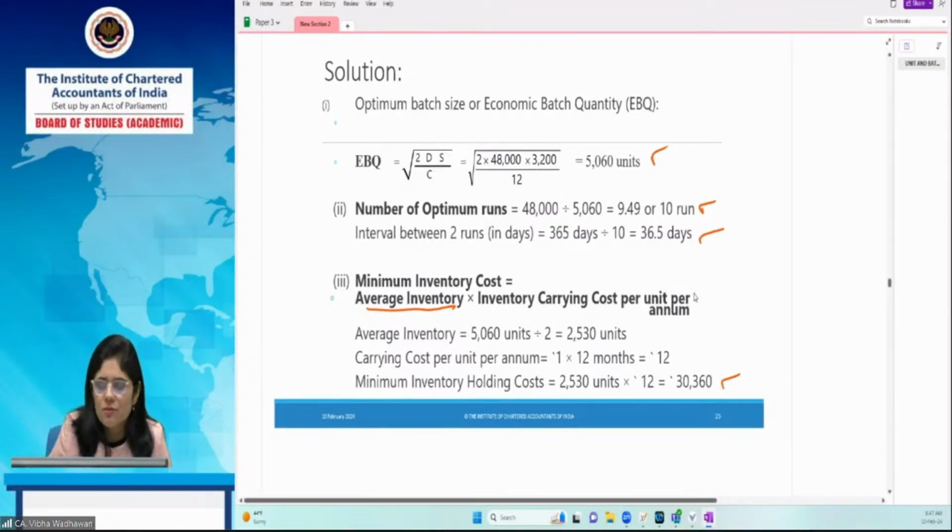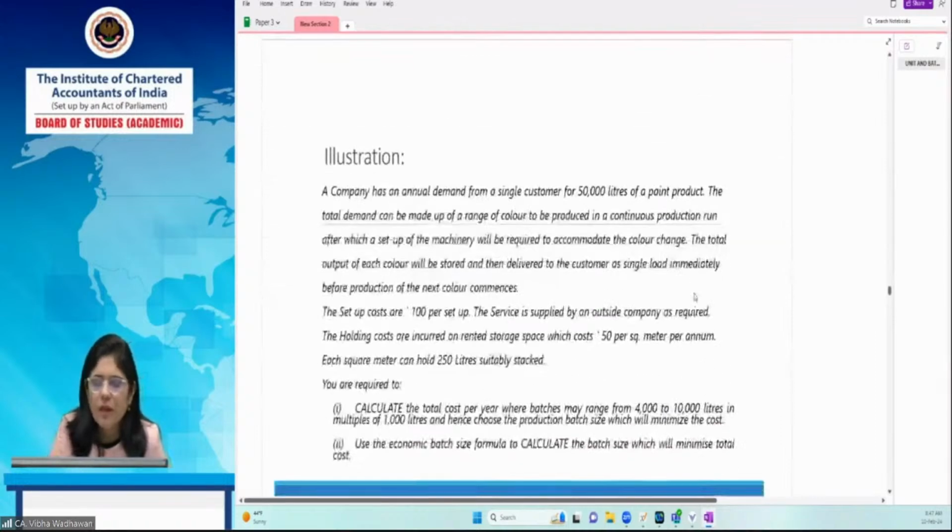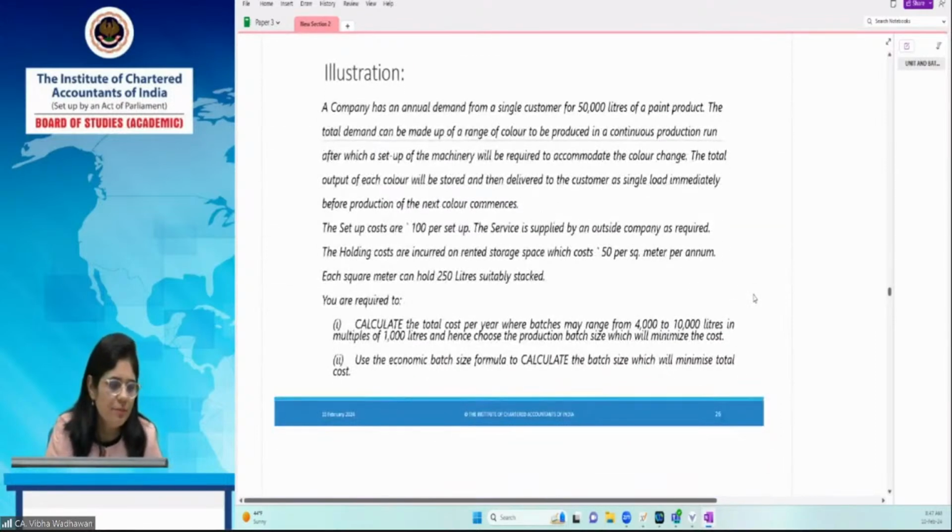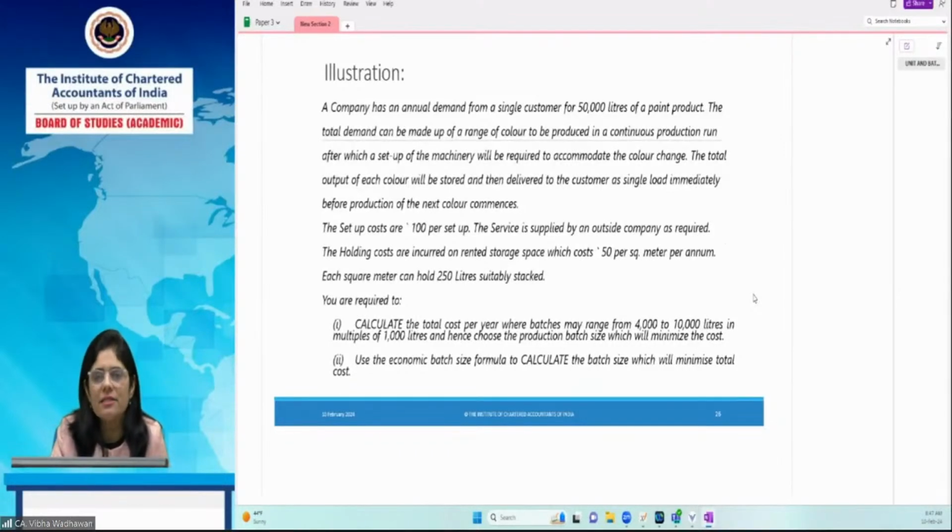All right, let's move on. Okay, we have another illustration. A company has an annual demand from a single customer for 50,000 liters of a paint product. The total demand can be made in a range of colors to be produced in a continuous production run, after which a setup of machinery will be required to accommodate the color change.